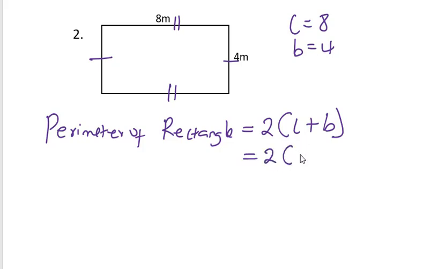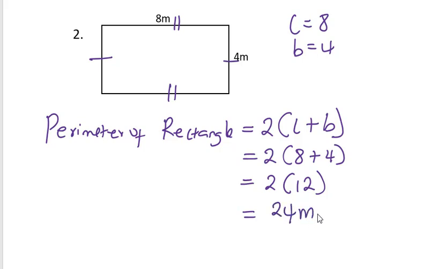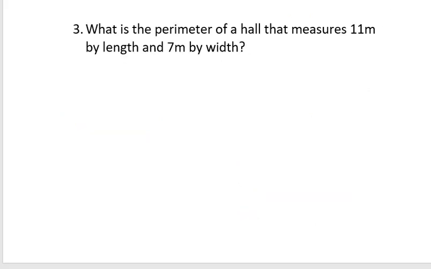So 2(8 + 4), and 8 plus 4 is 12, right? 12. So 2 times 12 is 24, then you add the unit, meter. Now be careful, what we had here was meter, not centimeter, so we just end up with meter, and that's the correct answer.